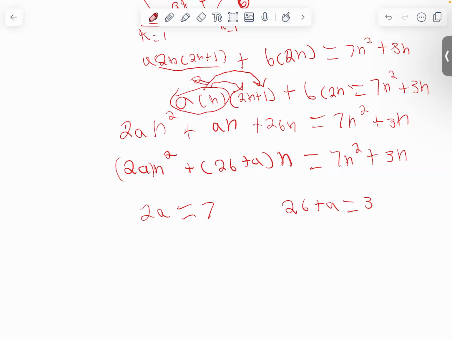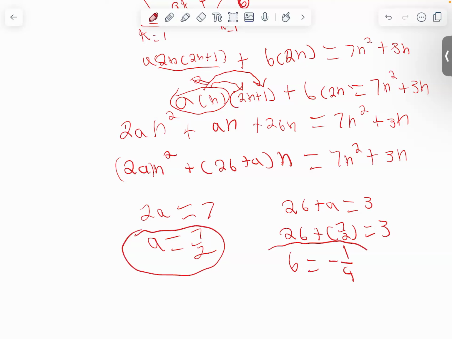And then you just solve for a, which is a is equal to 7 over 2. And then you plug that in for 2b plus 7 over 2, and that's equal to 3. And then you solve this, it's just more algebra, but I can do it in my head. Clearly, it just evaluates out to b is equal to -1 over 4. And then these would be both of your answers.